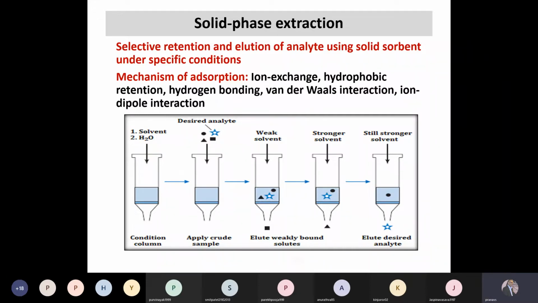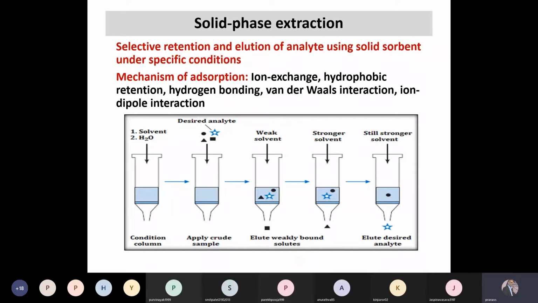Now, as I said, the mechanism of retention or adsorption on this solid phase involves ion exchange mechanism, hydrophobic retention, hydrogen bonding, van der Waals interactions, and ion dipole interaction.